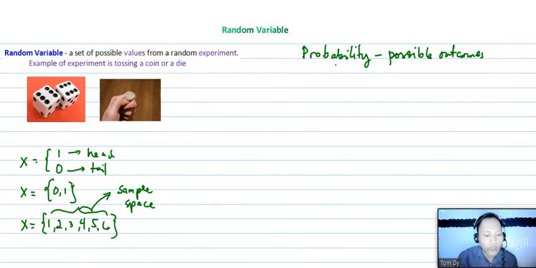And take note also that the sum of probability is equivalent to 1, or in percent, that is 100%.